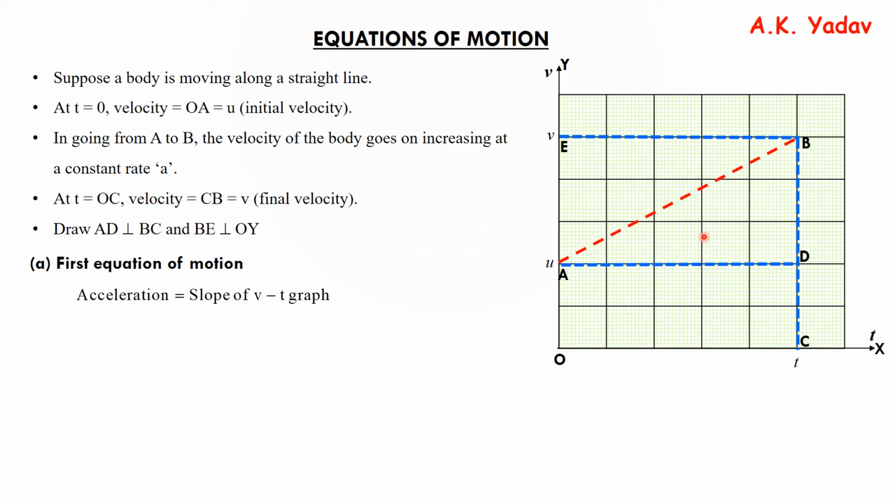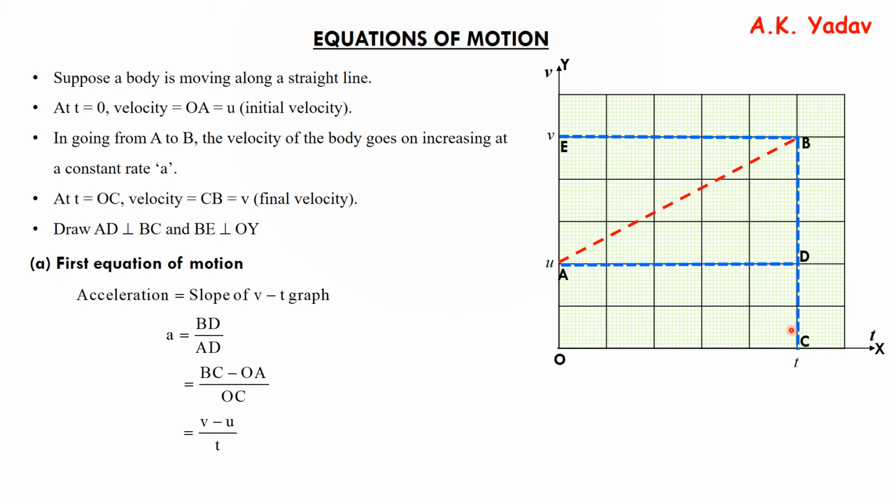As we know, acceleration is equal to the slope of the velocity time graph. That is, a is equal to BD upon AD. Now BD can be written as BC minus DC, or you can say OA, it's the same thing, and AD can be written as OC.